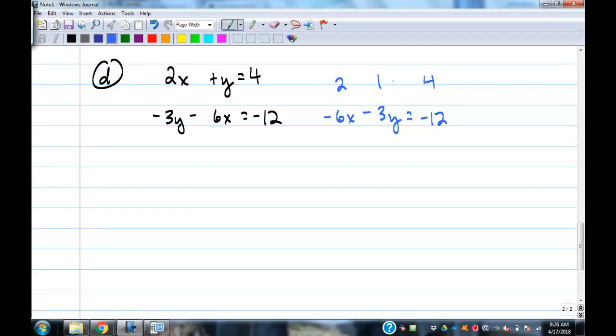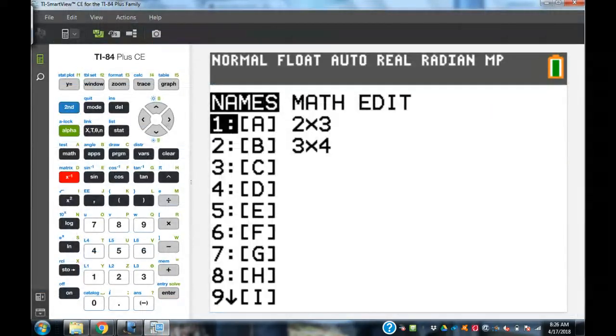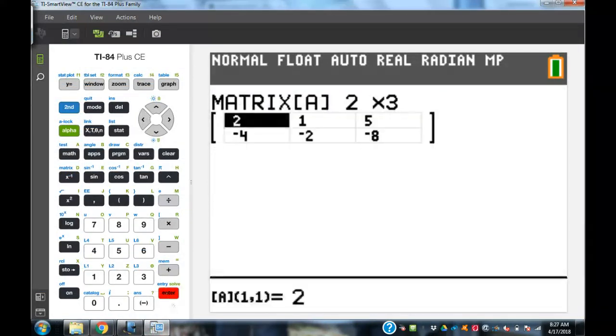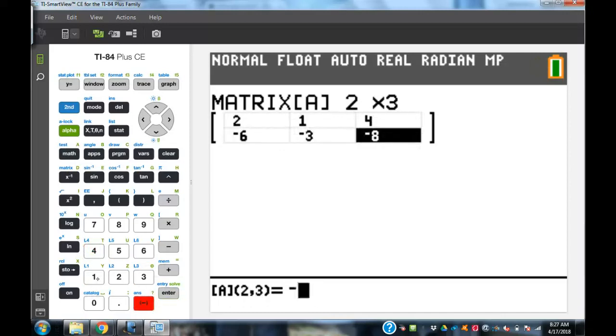2, 1, 4. Matrix: 2, 1, 4, negative 6, negative 3, negative 12. And the magic of RREF. Second matrix, edit, 2 by 3. 2, 1, 4, negative 6, negative 3, negative 12.